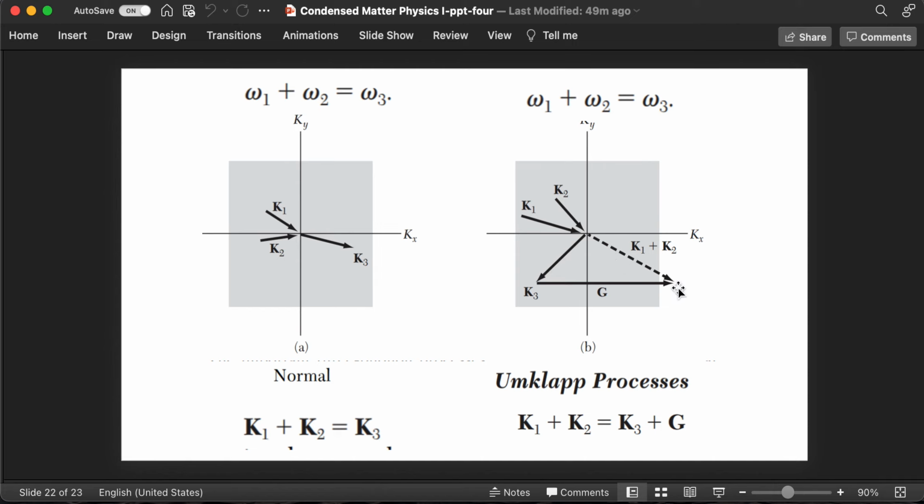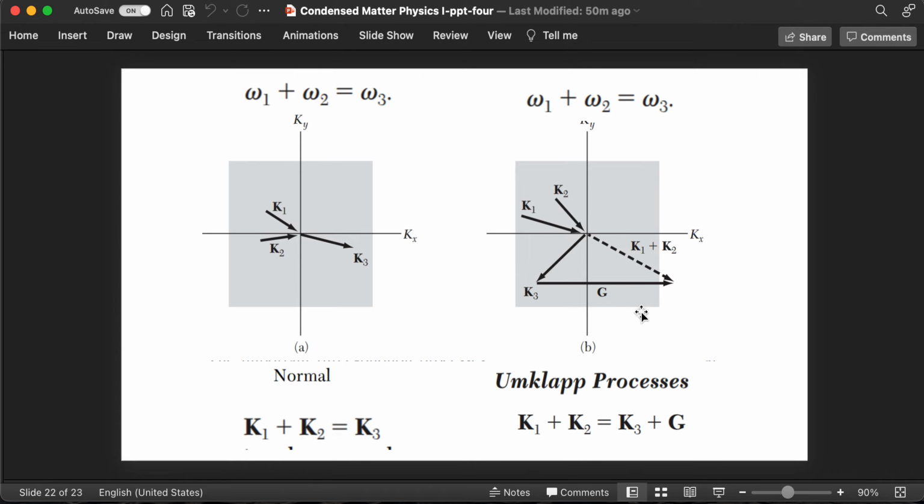But because of the periodicity of the lattice, whatever point is just outside the Brillouin zone must be identical in all manner to the corresponding point inside the Brillouin zone. These two points are separated by the reciprocal lattice vector, in this case capital G.